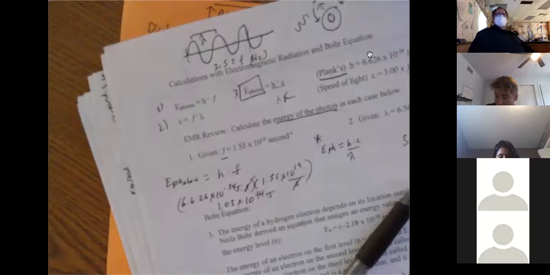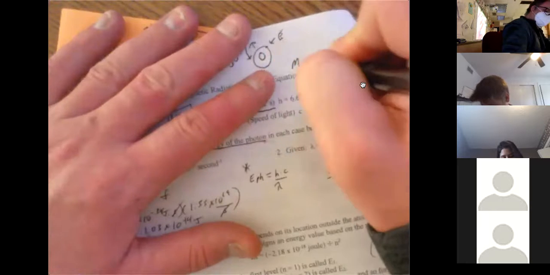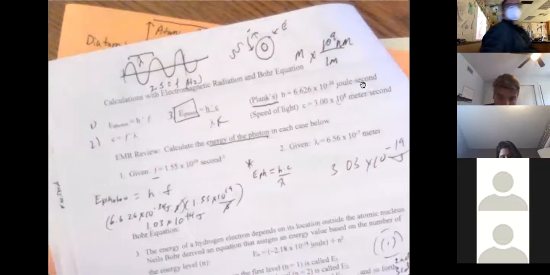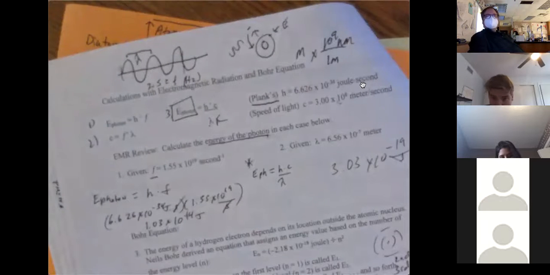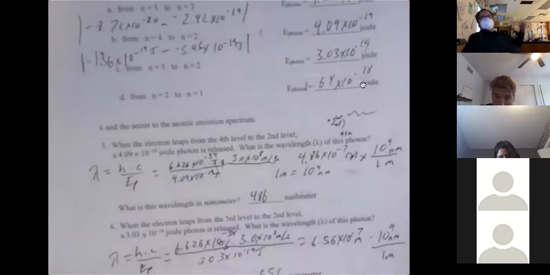You'll end up getting meters, and every 1 meter is equal to 1 billion nanometers, so you have to multiply by 1 billion. And we did that on this problem right here, actually. Both of these problems dealt with it.